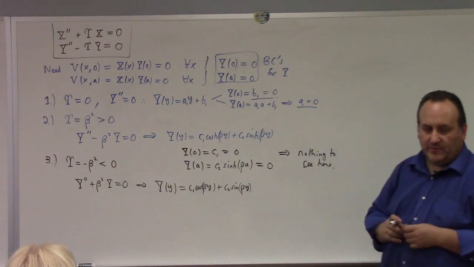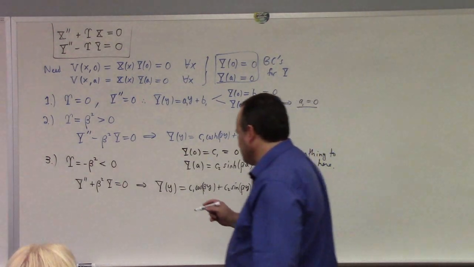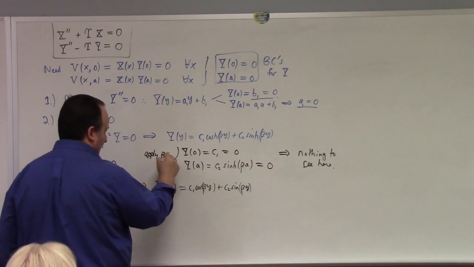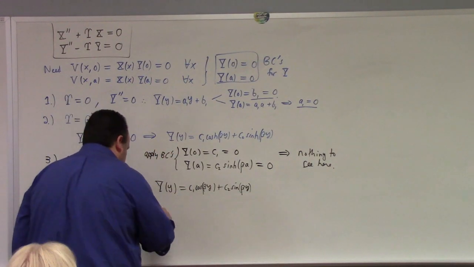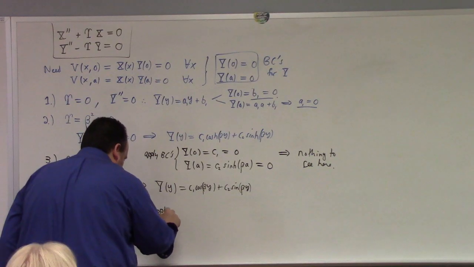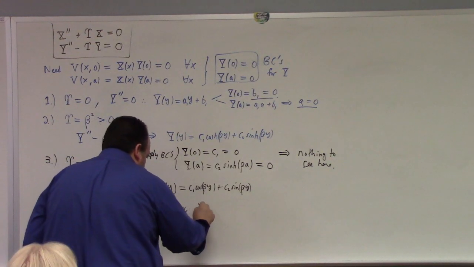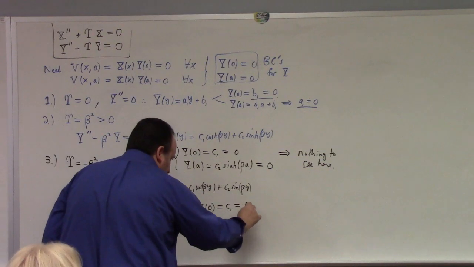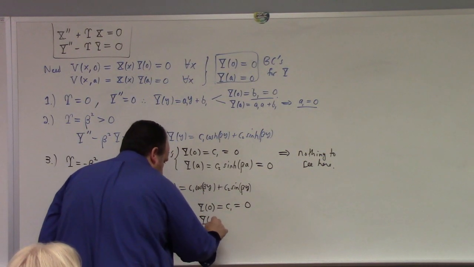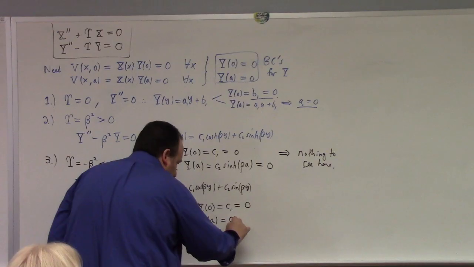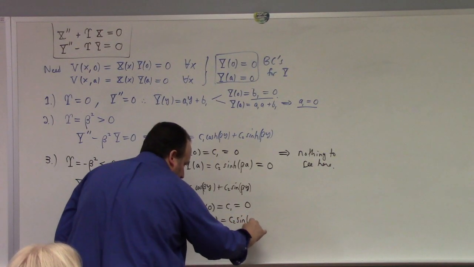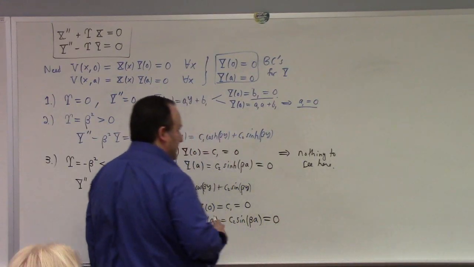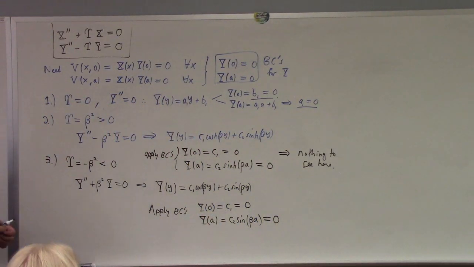But now I apply the boundary conditions once more. So apply the boundary conditions, what do we get? We get y of 0 is c1 is 0, and we get y of a is c2 sine of beta a equals, oh man, it's all 0 again, right?